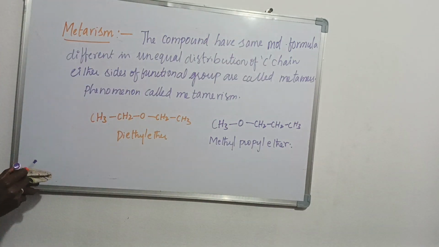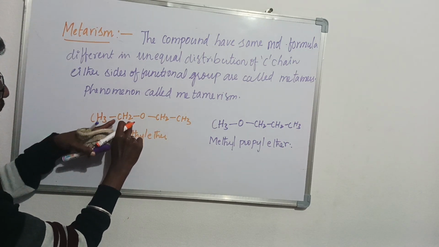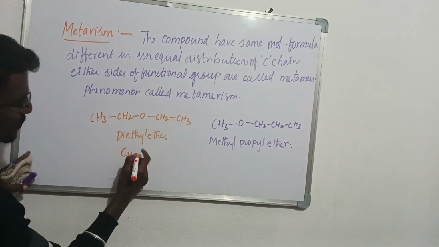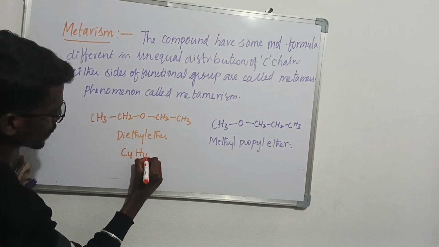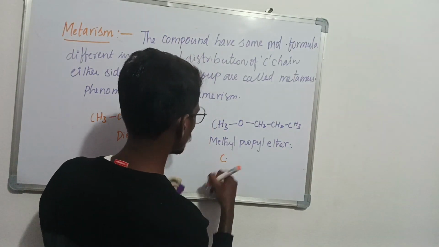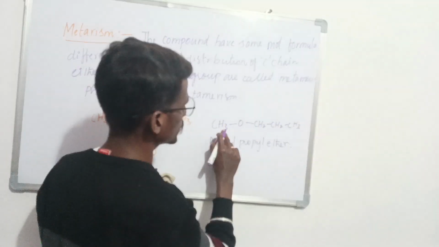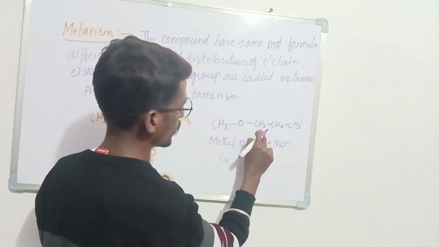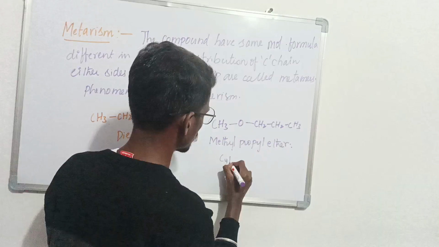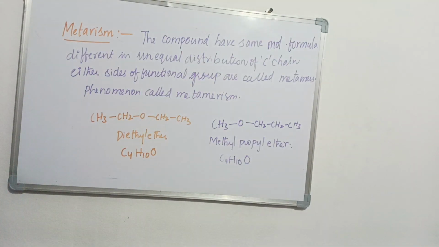When we see the molecular formula, C4: 3 plus 2 is 5, 5 plus 2 is 7, 7 plus 3 is H10, and O. The compounds have the same molecular formula and the same functional group.